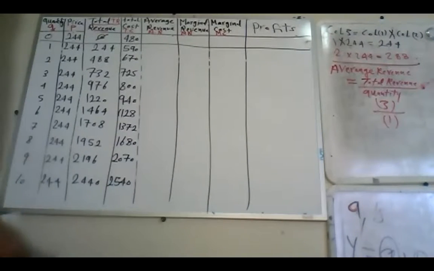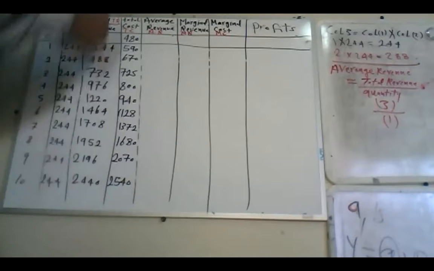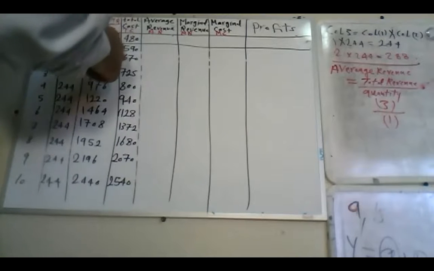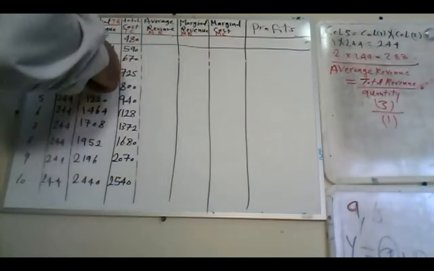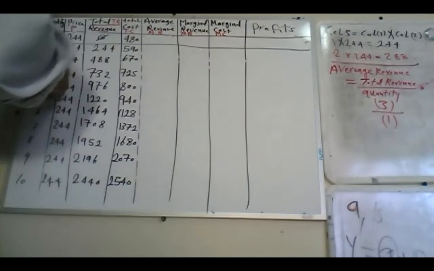As an example, let's go for the first one. This will give me 0. Let's go for the second one. 244 divided by 1 gives me 244.